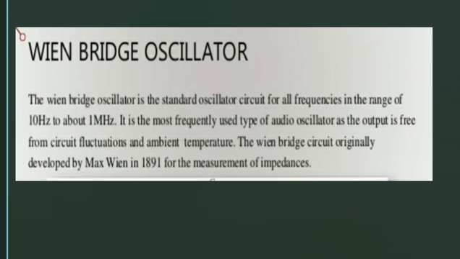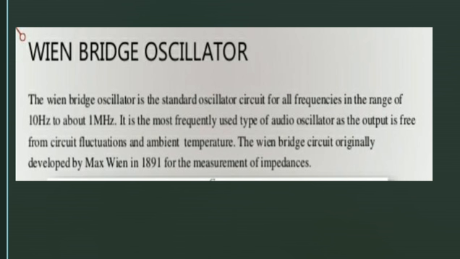Wien bridge oscillator. You should know the details about the Wien bridge oscillator, right? See this. The Wien bridge oscillator is the standard oscillator circuit for all frequencies in the range of 10 Hz to 1 MHz.